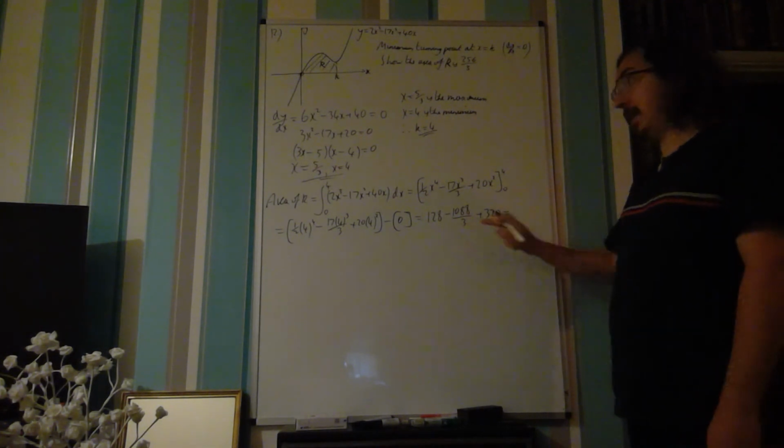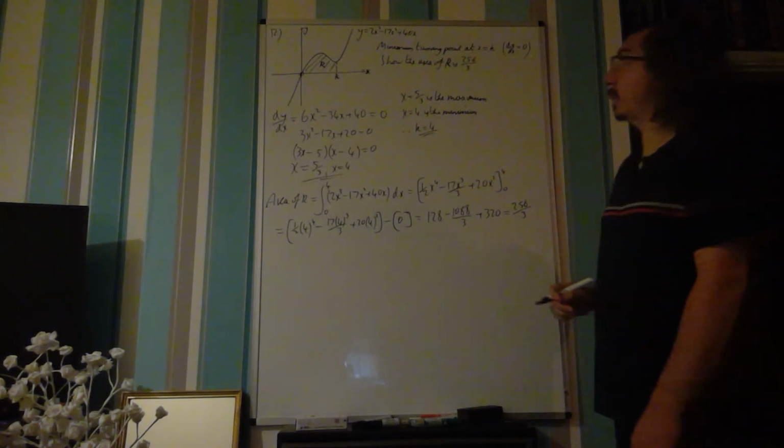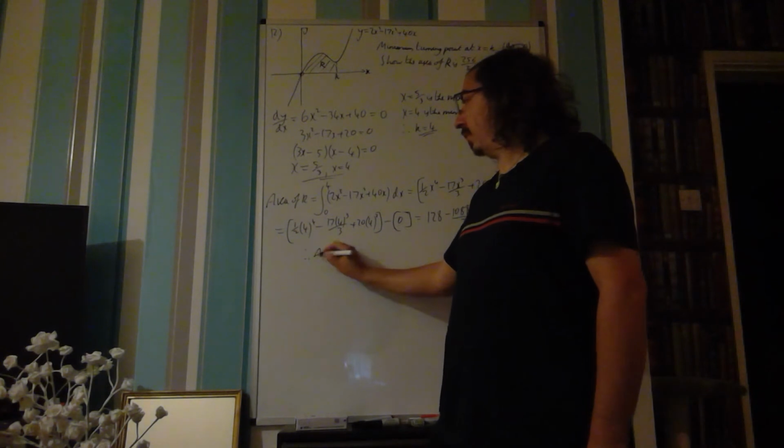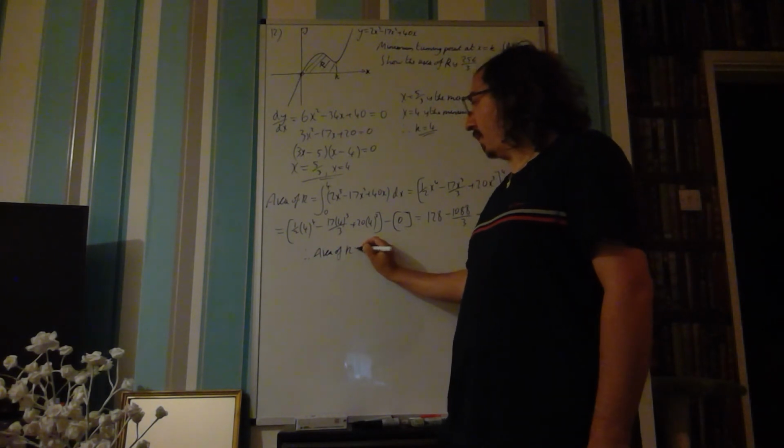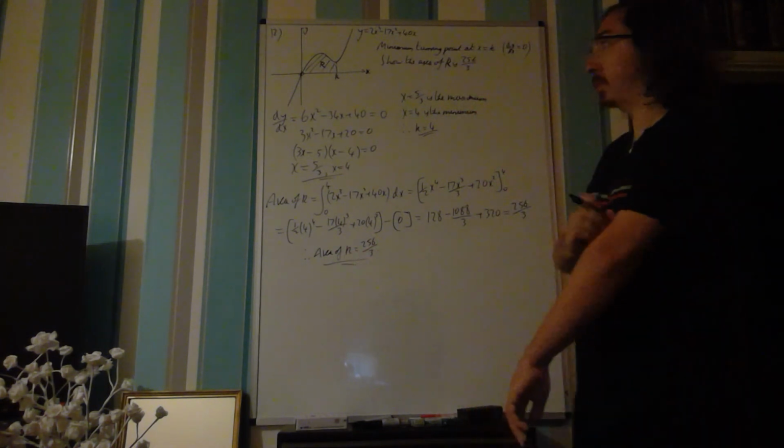And it's at this stage that we can indeed say that this is equal to 256 over 3. So therefore the area of R is 256 over 3.